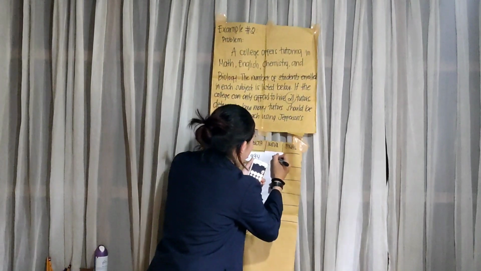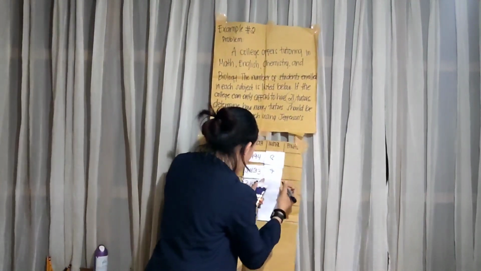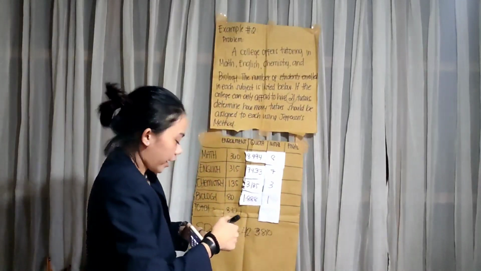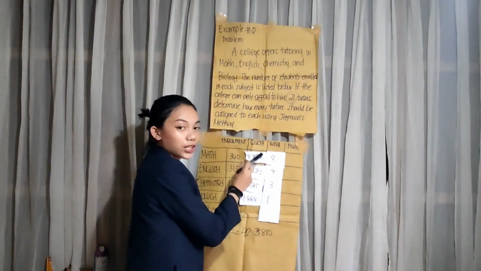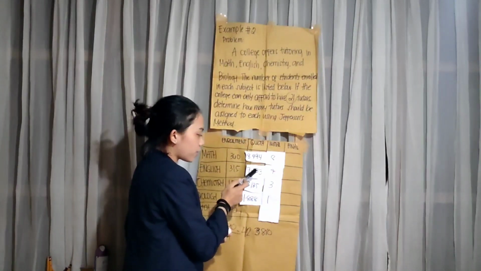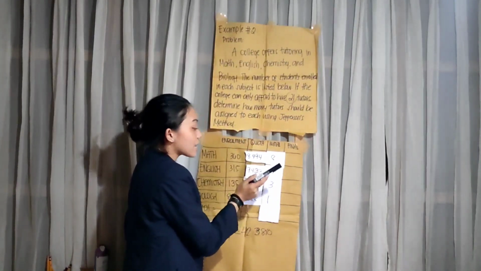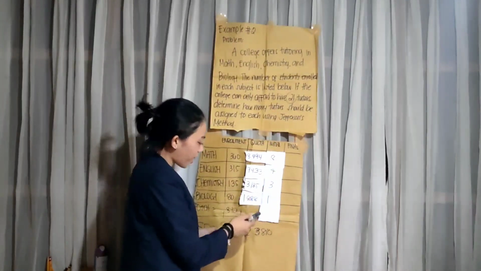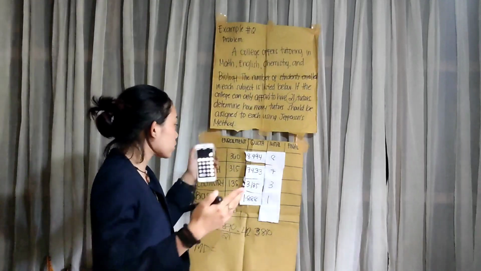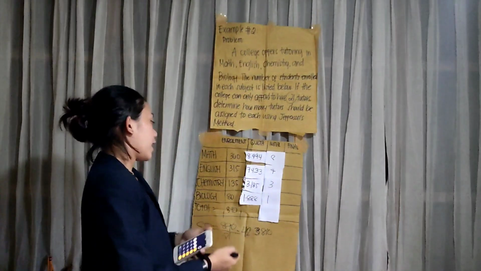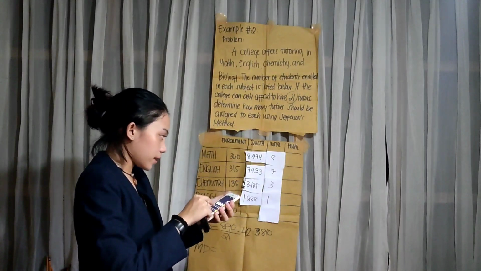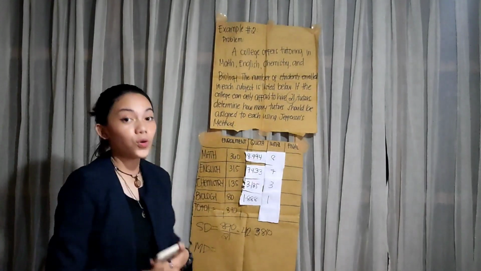So 8, 7, 3, 1: 8 for 8.494, 7 for 7.433, 3 for 3.185, and 1 for 1.888. To get the total of our initial, let's total it. 8 plus 7 plus 3 plus 1 is equal to 19.